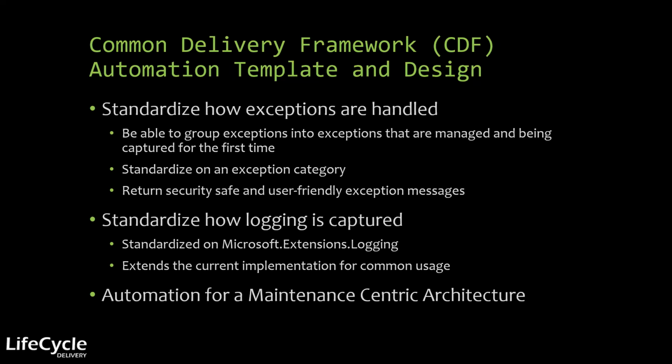One of the biggest problems with exceptions is there are literally thousands of different types of exceptions you can have, whether you're using Java or .NET or C++. How do we manage that into something meaningful to developers, and then take advantage of it? And finally, how do we guarantee that we return safe exceptions?